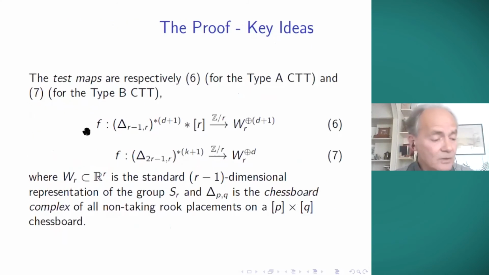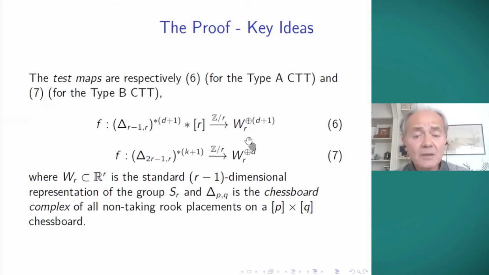And now, since I have a little more time, I want to tell you about how these results are proved and why chessboard complexes are important. Chessboard complexes appear in the proof of, originally they were constructed really by Siniša Vrećica and myself for the proof of the type B Colored Tverberg theorem.